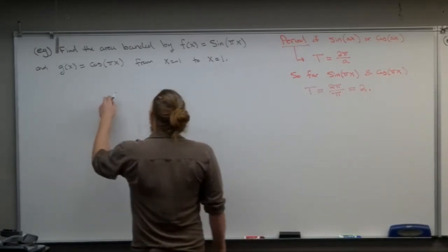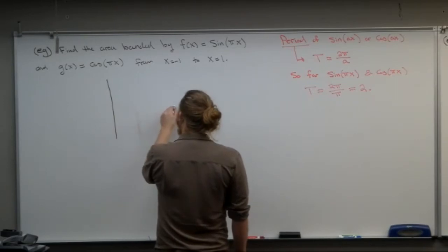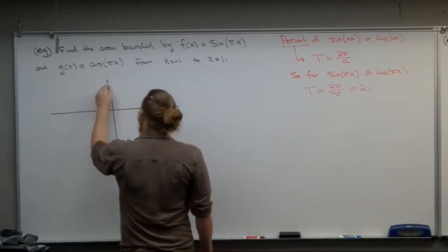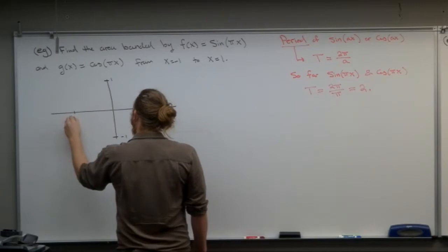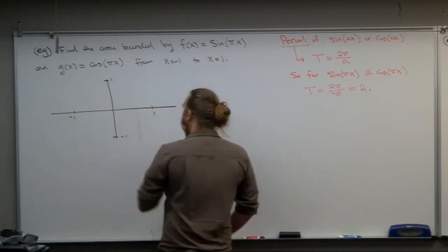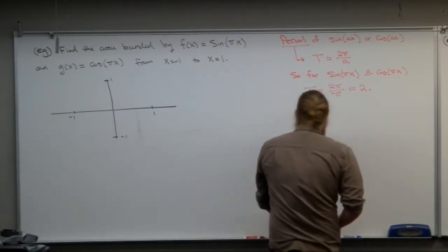So let's come in here and draw this. We want to go from -1 to 1, so I'm going to give myself that sort of space here. I'll draw the cosine curve first.